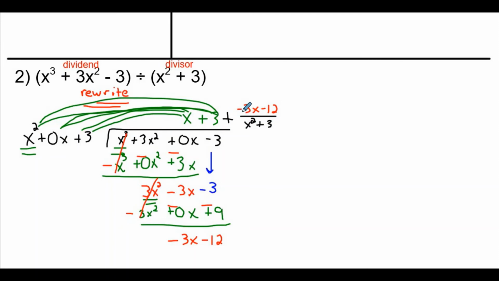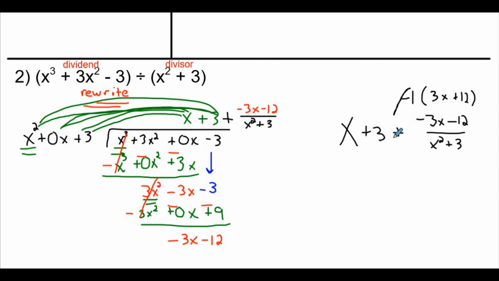And a lot of students will say, why don't you use a negative? You've got to be careful. Here is one answer: x plus 3 plus negative 3x minus 12, over x squared plus 3. It would be inappropriate to combine these and make it a negative. The way that you would have to do that is you would have to factor a negative 1 GCF out to make it 3x plus 12.